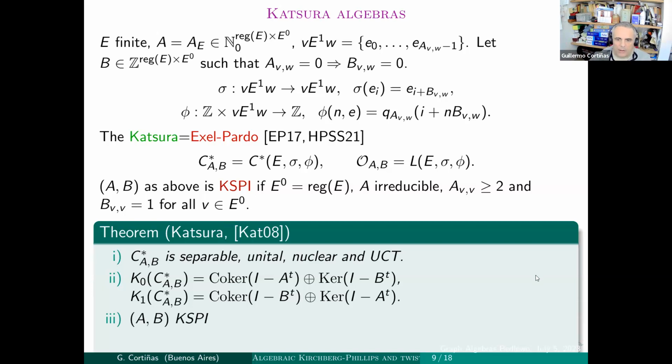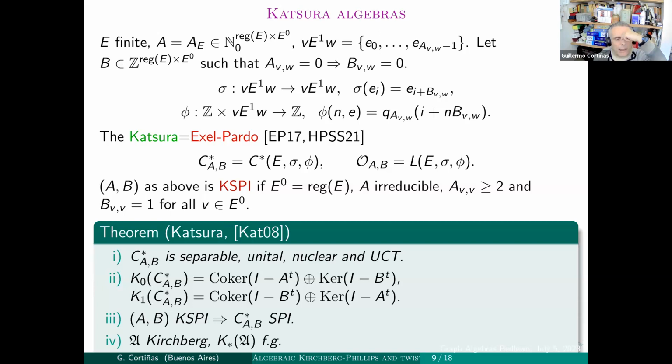And moreover, he showed that if A and B are KSPI, so they satisfy the Katsura conditions for simple purely infiniteness, then the C*-algebra is simple purely infinite, and in particular it is Kirchberg.